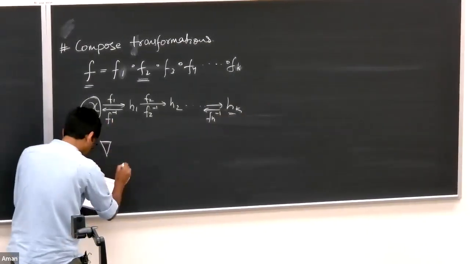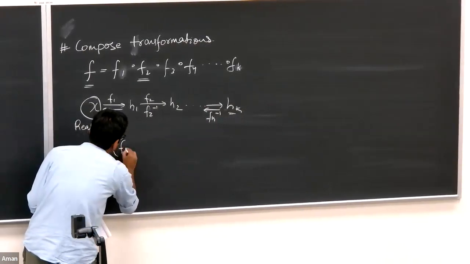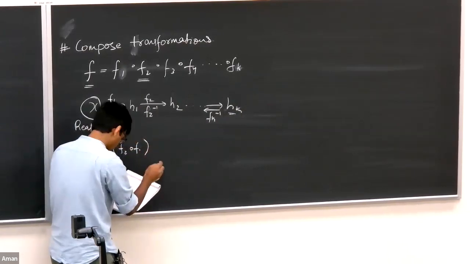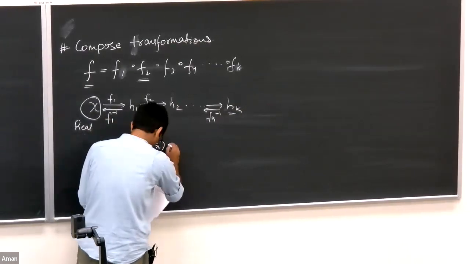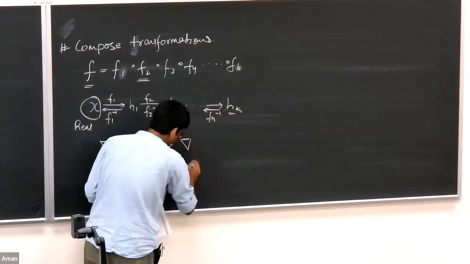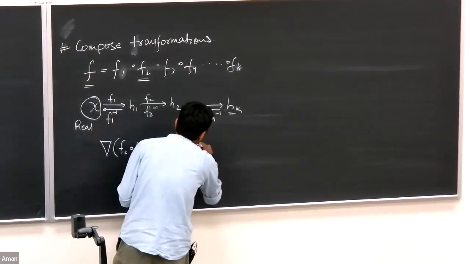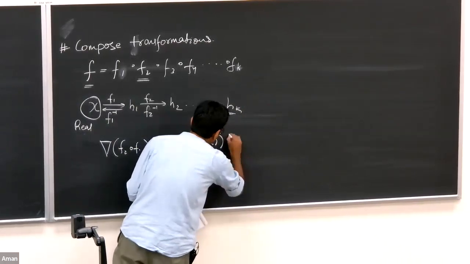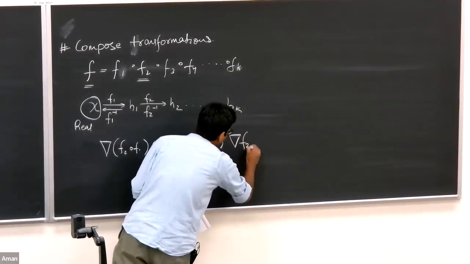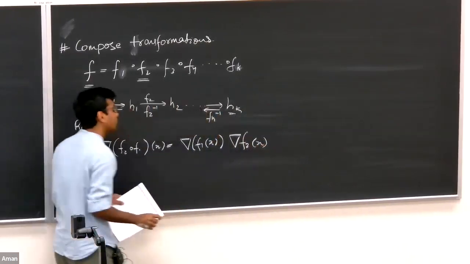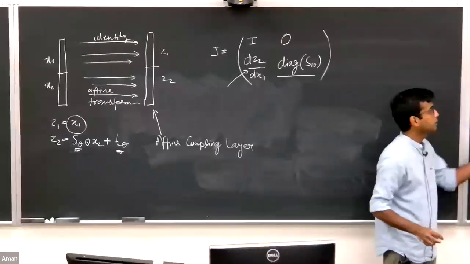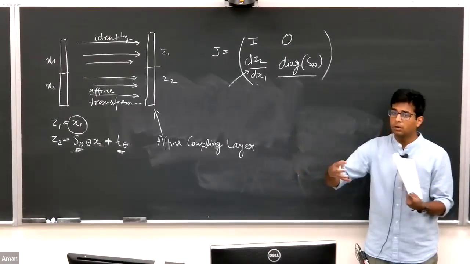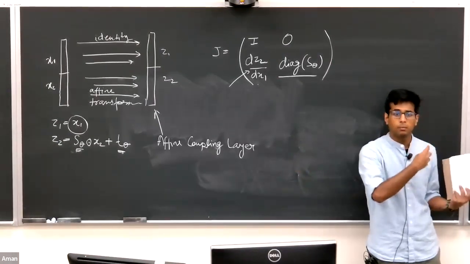We know that the gradient of a composition of two functions, let's say f2 composed with f1 of x, is given by the chain rule as the independent gradients of f1 of x times that of f2. And because this property holds, this layer by layer attachment of normalizing flows is overall completely differentiable.